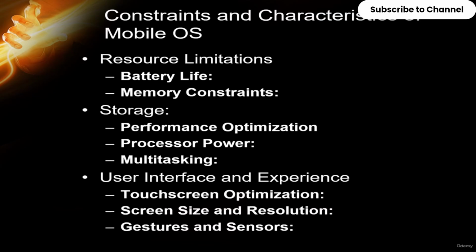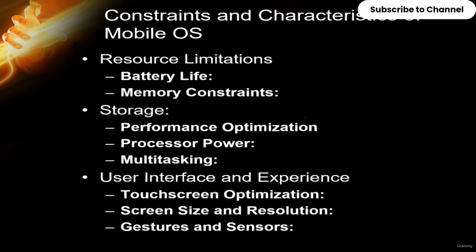Power consumption is a main concern when we are using a mobile phone or laptop. The battery needs to be used properly by the operating system, which should manage power consumption by optimizing background processes, screen brightness, network usage, and everything. The next thing is memory constraints.